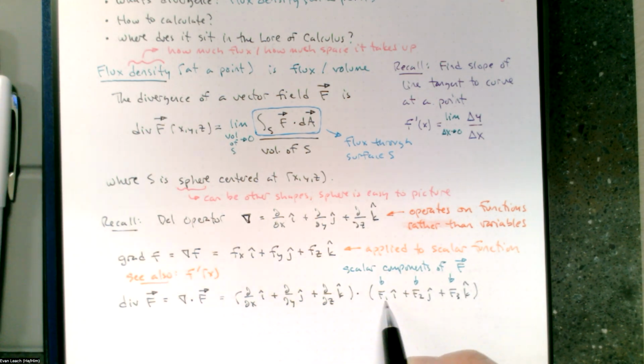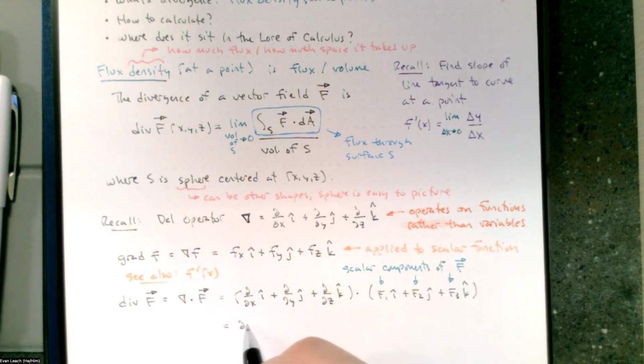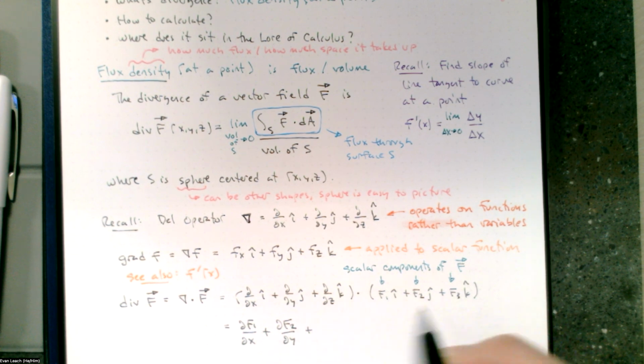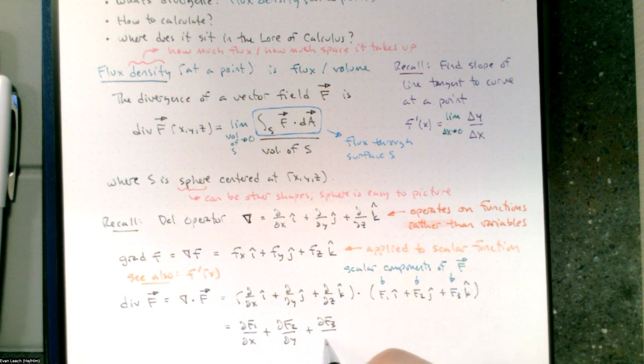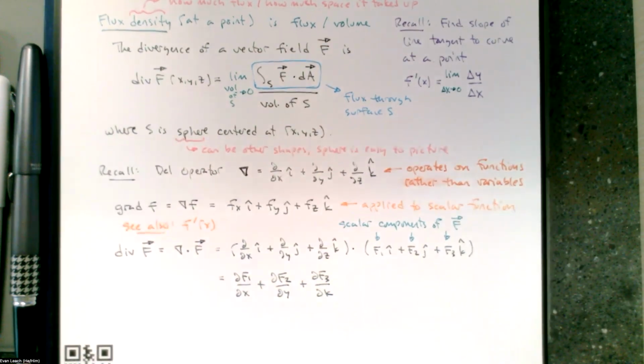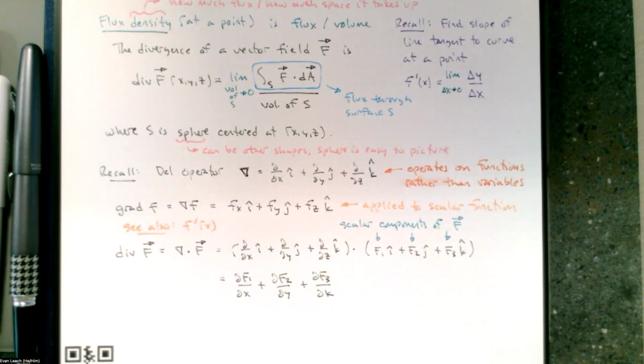We have the partial of f1 with respect to x plus the partial of f2 with respect to y plus the partial of f3 with respect to k. We're getting a scalar function. Of course we are. We're calculating a dot product. A dot product will always produce a scalar. So we have the del operator applied to a vector function or a vector field.